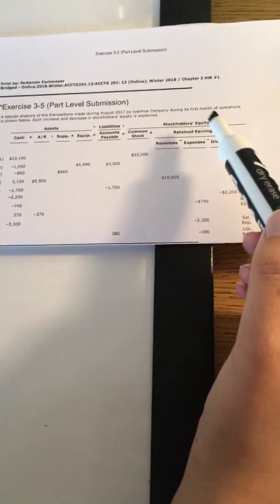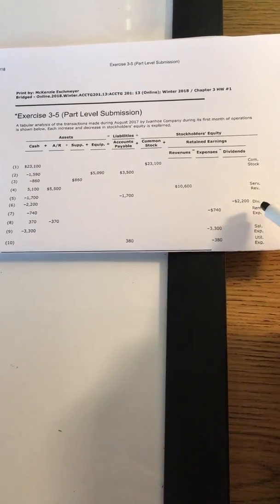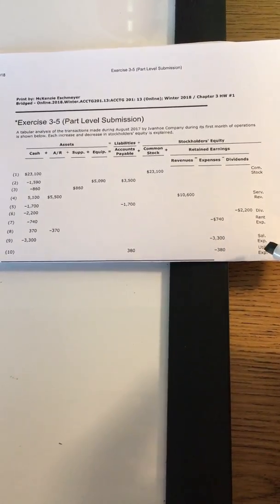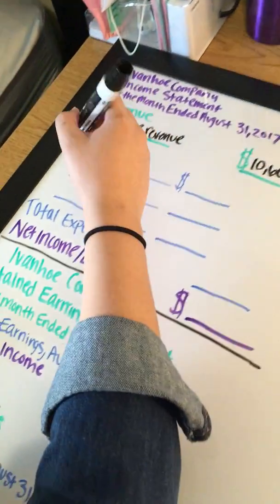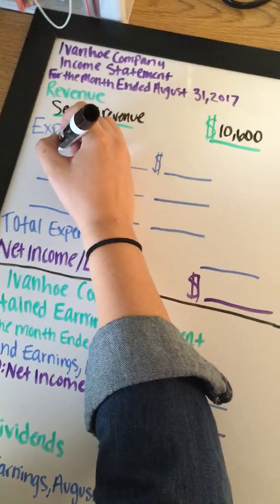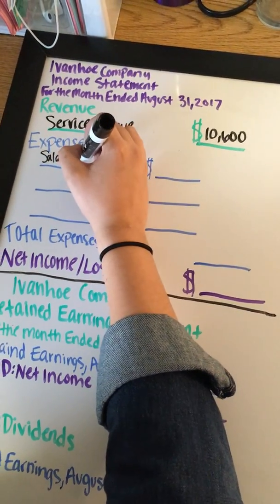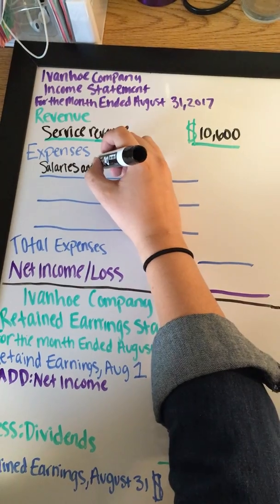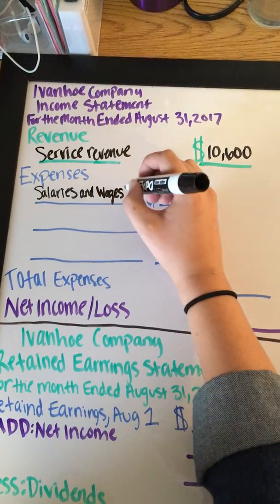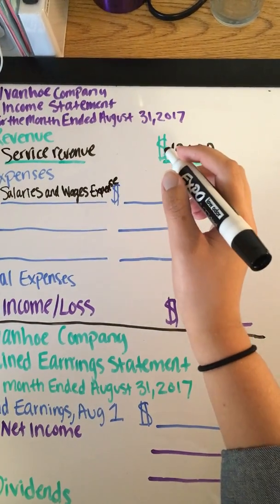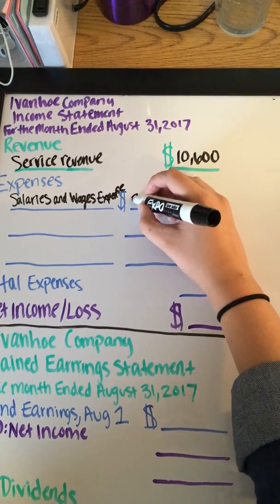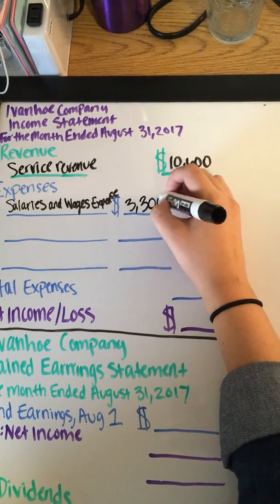Now it's revenue minus expenses. When we refer back to this sheet, under stockholders' equity, retained earnings, and expenses, we have the rent expense, the salaries and wages expense, and the utilities expense. We'll start off with the salaries and wages expense, which was $3,300.